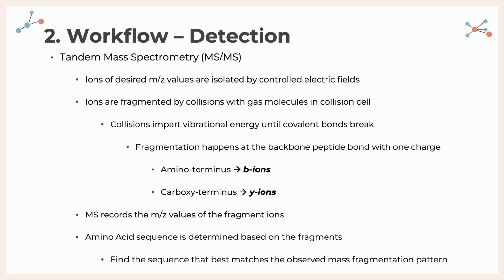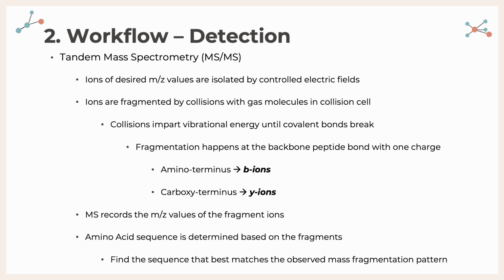You're essentially picking and choosing. The second point, and anything below the second point, is essentially how we create the transitions. You're colliding them with inert gas molecules, so they don't react. And the physical collision just breaks the bond because of the vibrational energy. That's just physical chemistry stuff.